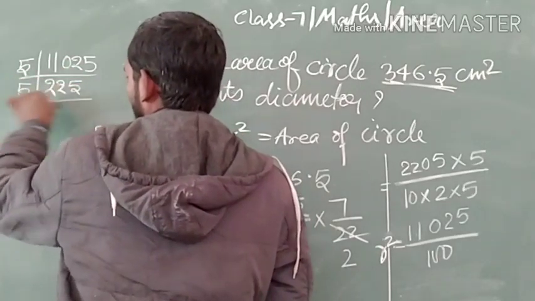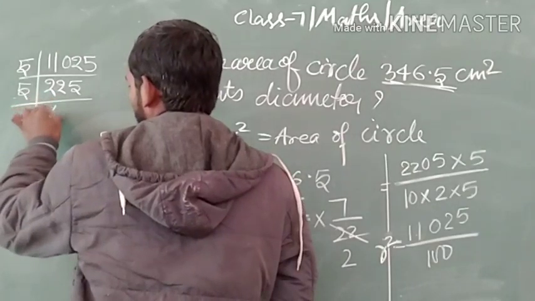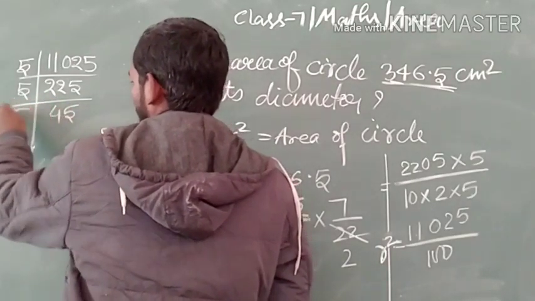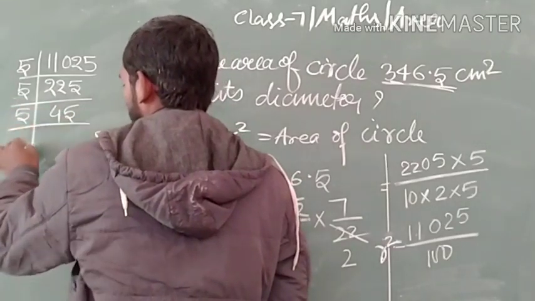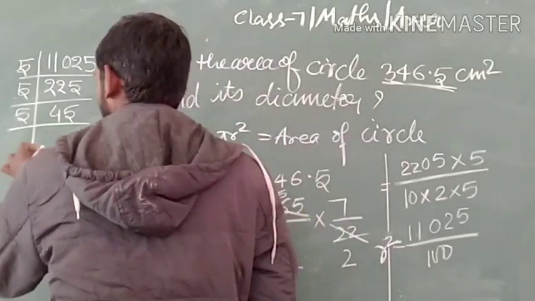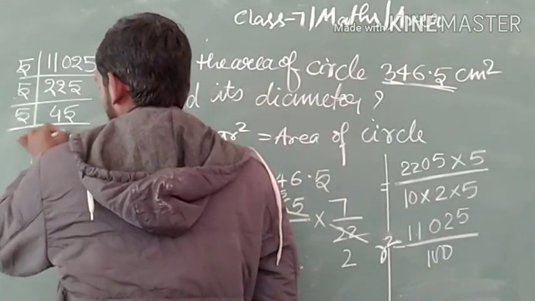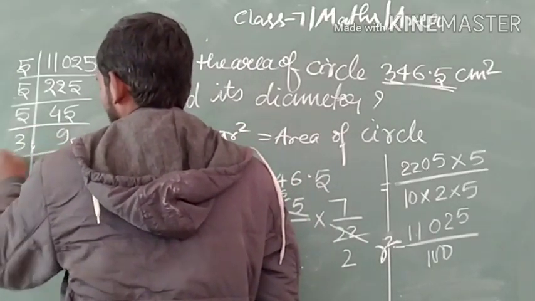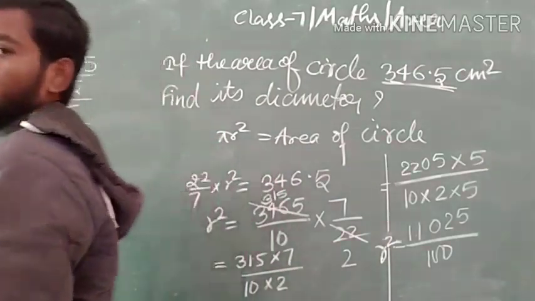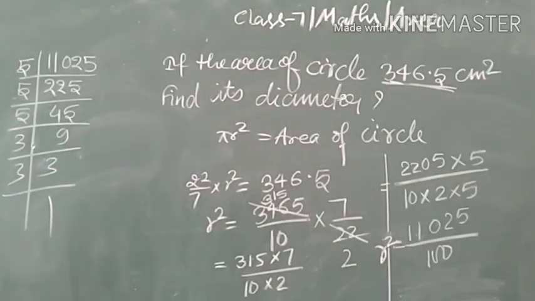Again divide by 5. 5 to the 10, 5 4s the 20, 5 5s the 25. Again divided by 5, we get 5 9s the 45 divided by 3.